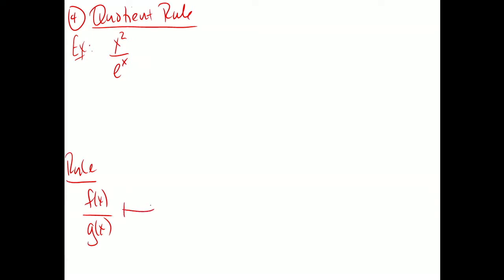If I want to do that derivative, here's how you would do it. I would take the guy on the bottom times the derivative of the guy on the top, and now I'm going to subtract the top times the derivative of the bottom. It doesn't really matter what order I put this in.